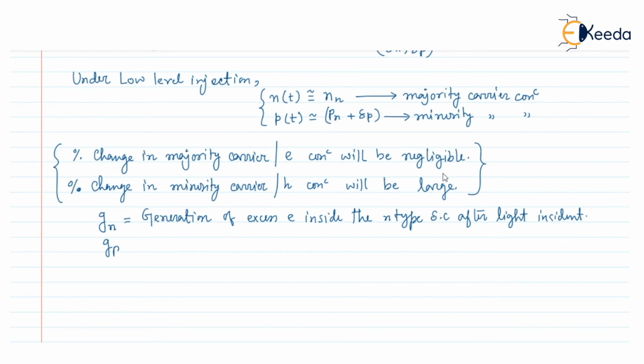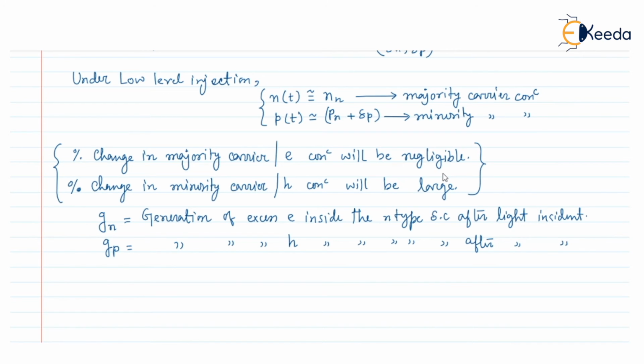Similarly, Gp is the generation rate of excess holes inside the N-type semiconductor after light incidence.